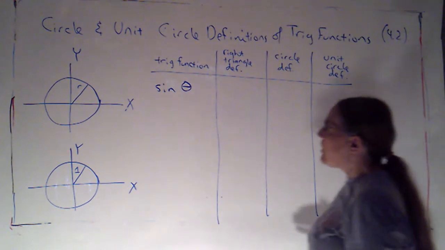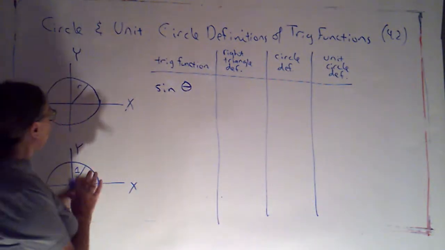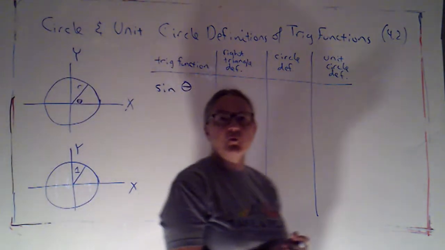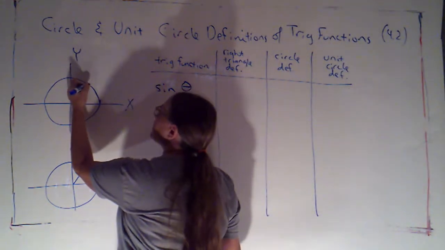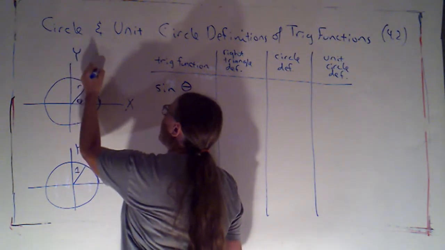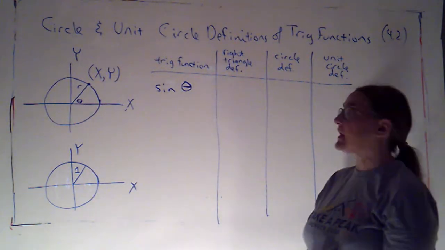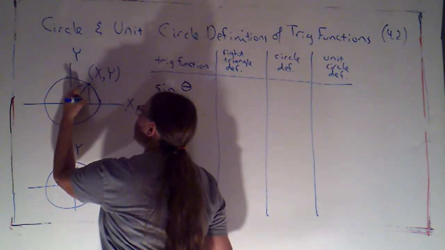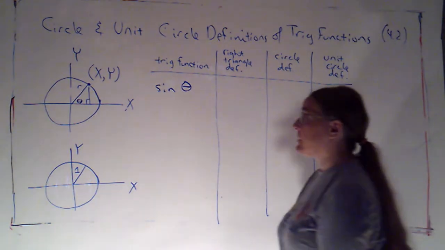Over here, I've basically got an acute angle theta in standard position. You'll notice that's going to intersect the circle at some point (x, y). Now, if I drop a perpendicular to the x-axis, I've just created a right triangle.